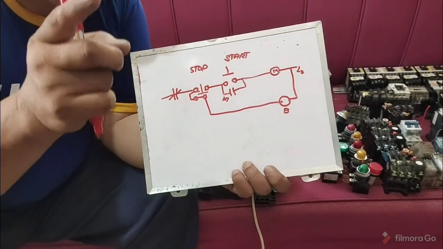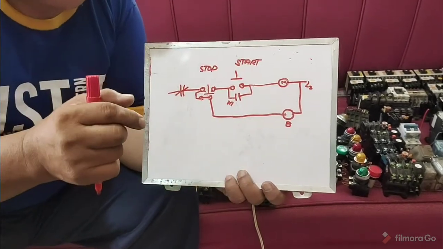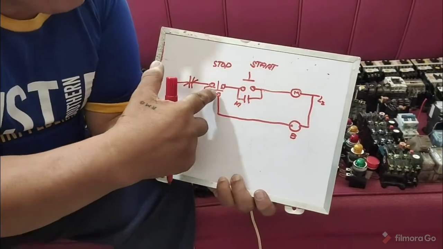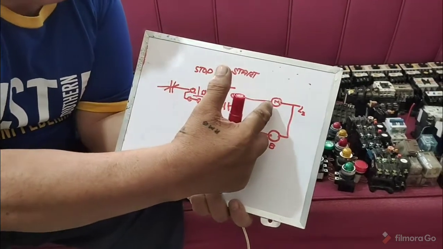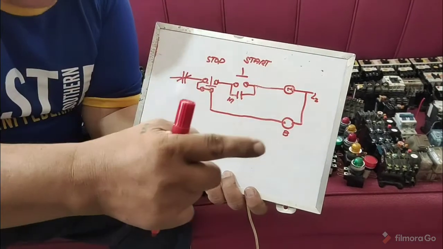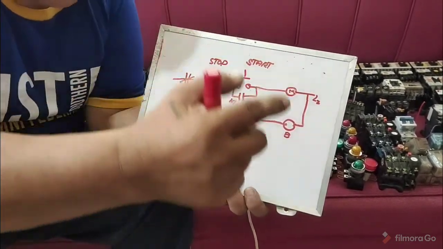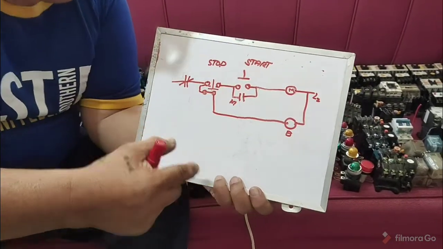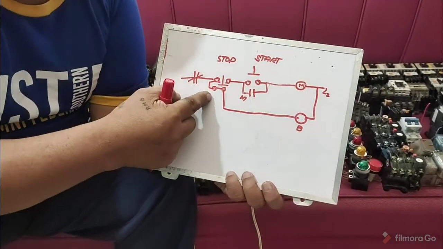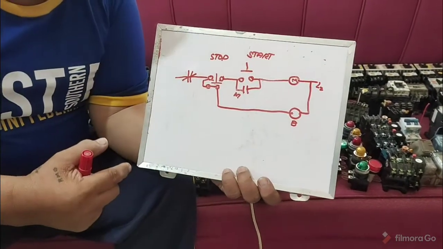Now the purpose of that is to stop the motor quickly. So when you remove the AC source from the main, the motor is disconnected, but there is still an extra rotation. So the DC is now the one responsible to stop that extra rotation.